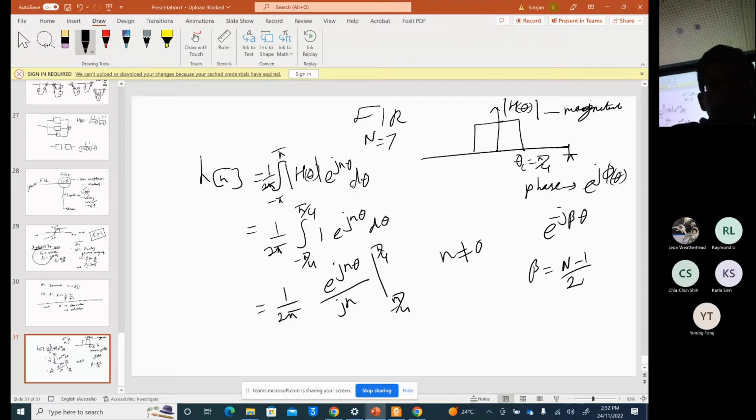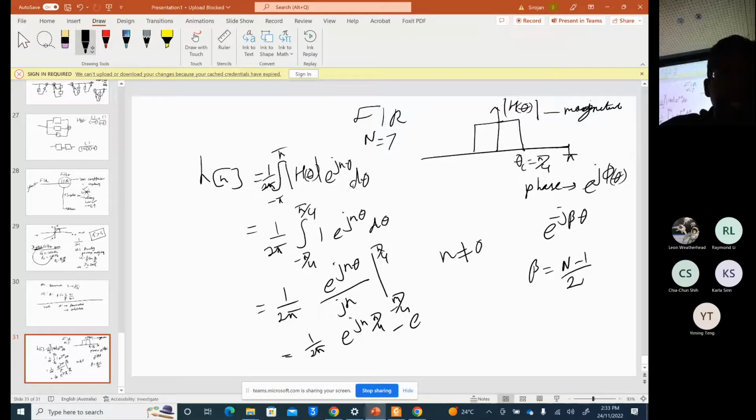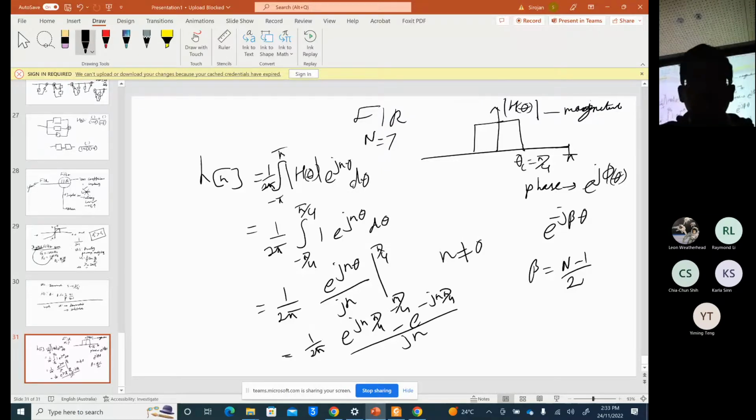So that is 1 upon 2 pi, e to the j n pi by 4 minus e to the minus j n pi by 4, divided by j n.